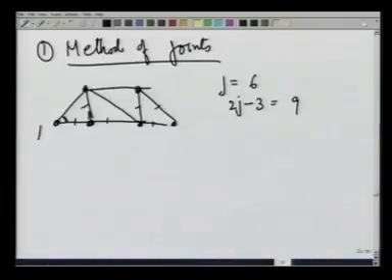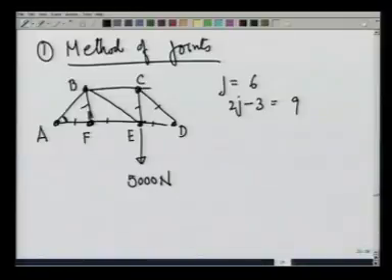I am going to name this A, B, C, D, E and F and apply a load of 5000 newtons at E. I want to calculate the force in each member of this truss.